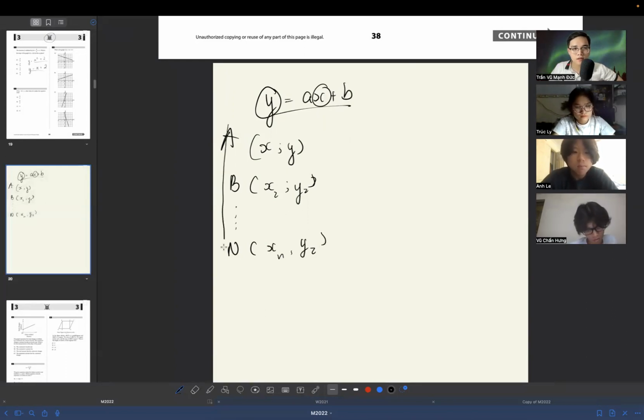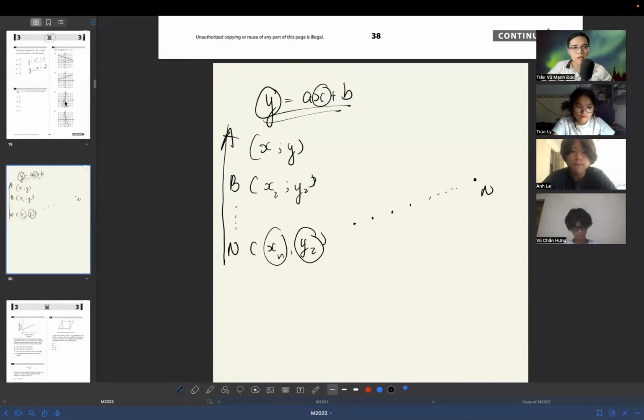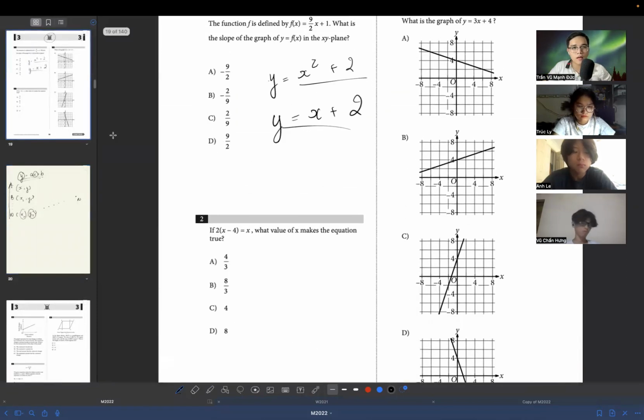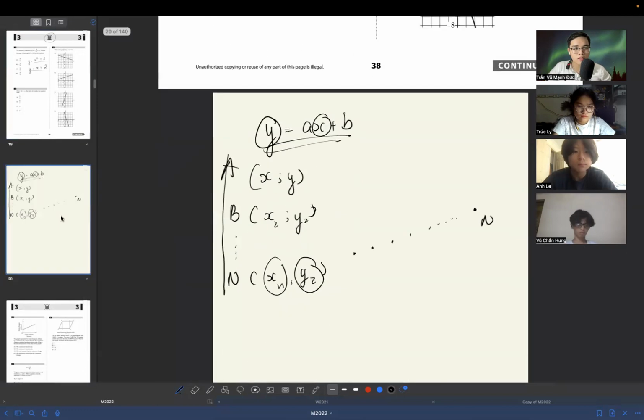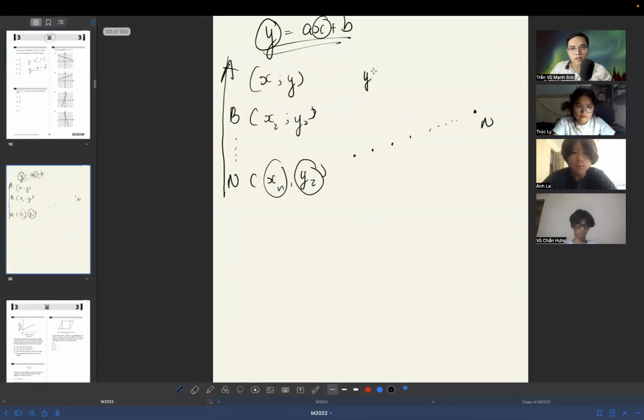For example, I have a point A, a point B, a point C, a point D, point N. And they all satisfy the relationship between y and x. They all satisfy this equation. For example, I have this equation: y is x plus 2.